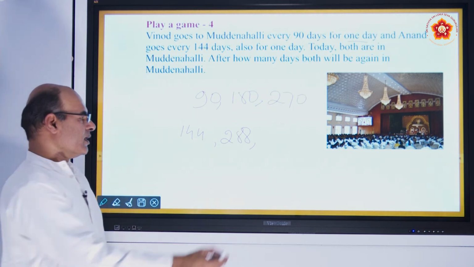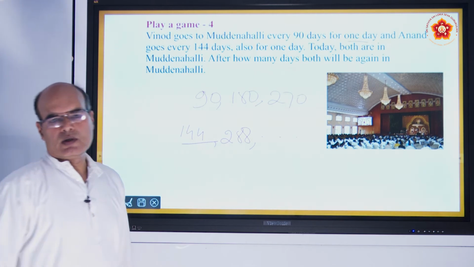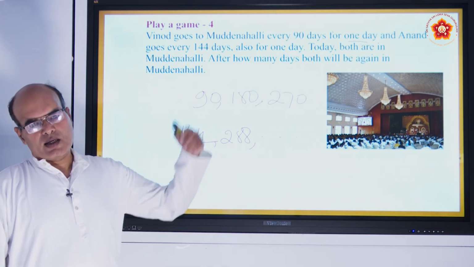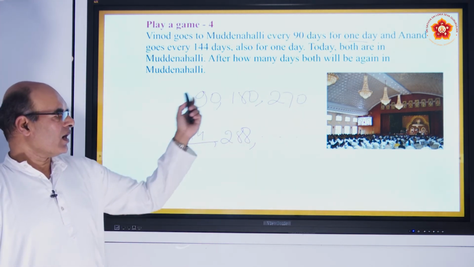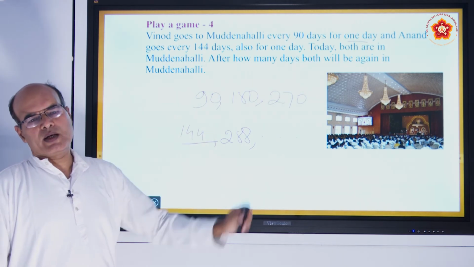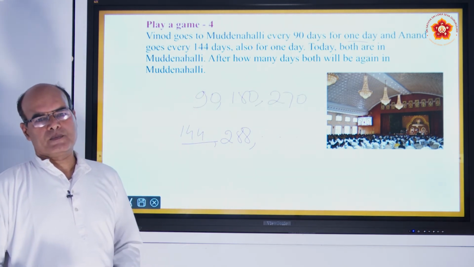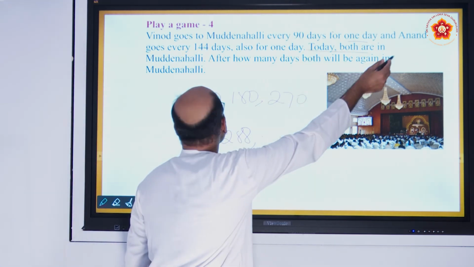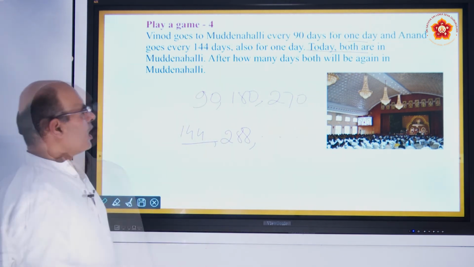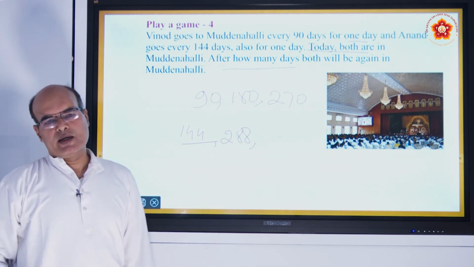So like this, if we take the multiples of 144, on those days he will be in Mudenhalli. If we take the multiples of 90, on those days Vinod will be in Mudenhalli. What we have to find out here is: today both are in Mudenhalli, assuming that, after how many days will both be in Mudenhalli again?